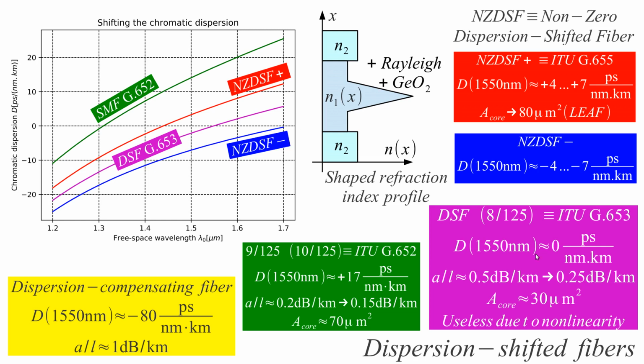The fiber itself did work as promised, but in practical use it was a disaster. Why it was a disaster, we shall see later on, because of non-linear effects, not just due to the smaller core, but also due to the zero dispersion coefficient.